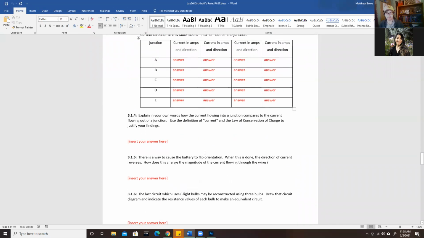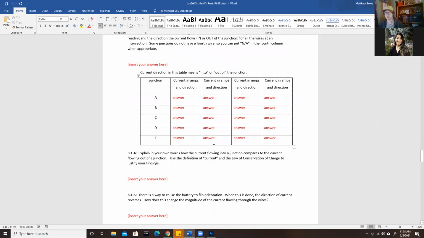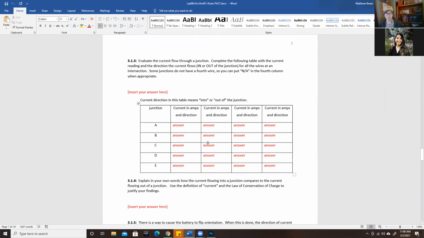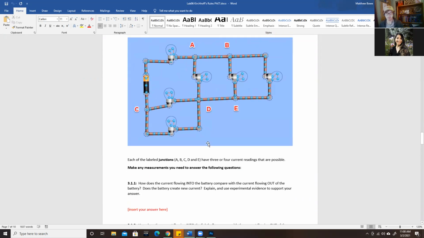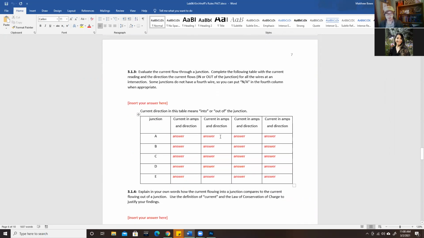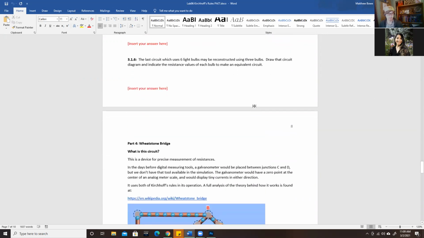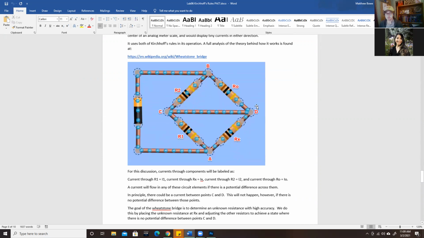And I believe I saw some very complex ones at the end, but there's this table for you to fill out, related to that other one with A, B, C, D. Since it's a lot of measurements, this will keep it nice and clean. Here's one of the most difficult ones.